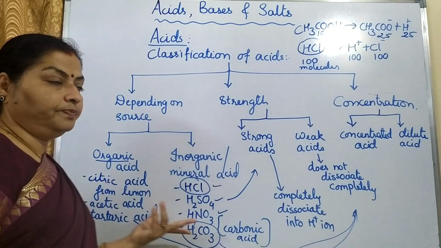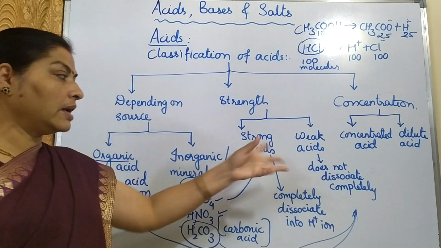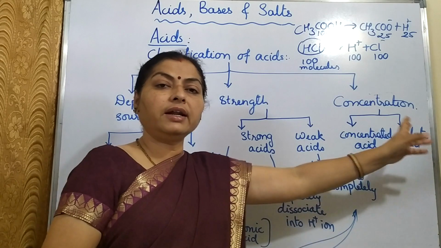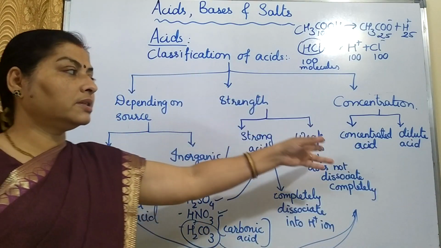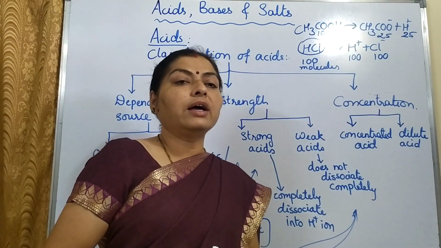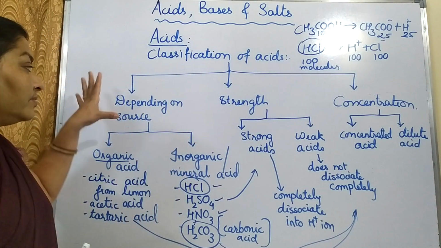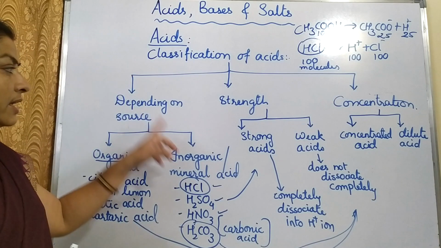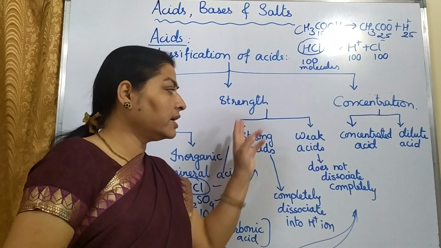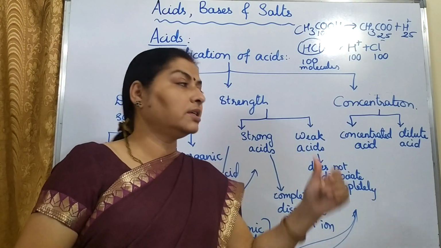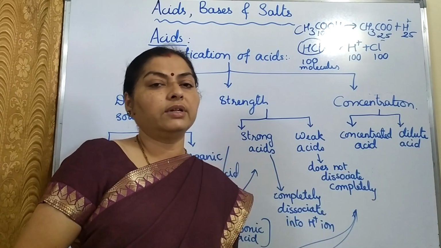It can be any. It is just a comparative term. Acetic acid can also be concentrated and dilute. HCl can also be concentrated and dilute acid. So I hope you have understood the classification of acids depending on the source, organic, inorganic, depending on the strength, strong acid, weak acid, depending on the concentration, concentrated acid and dilute acid.